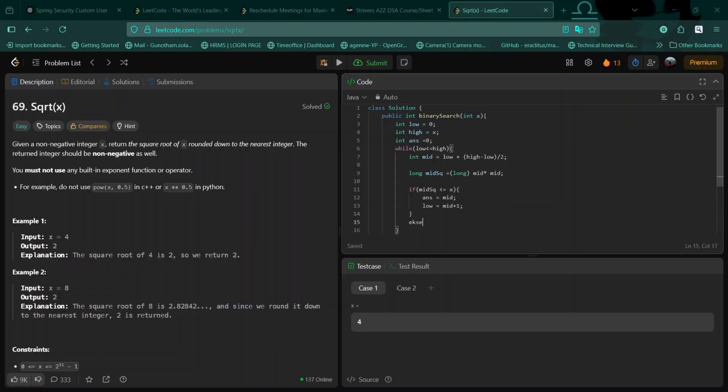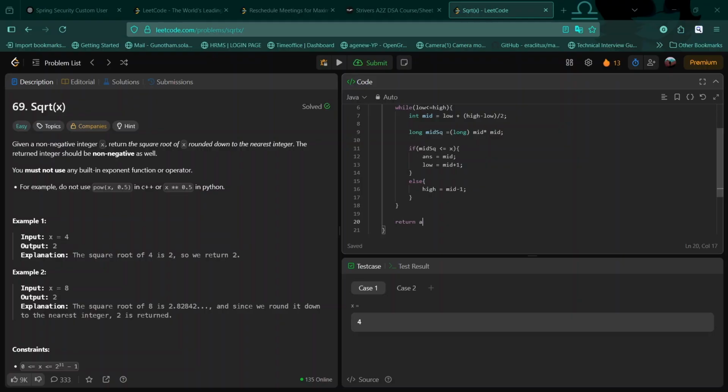Or else I know that it's greater than the value of x, so I can just update the value of high equals mid minus 1.